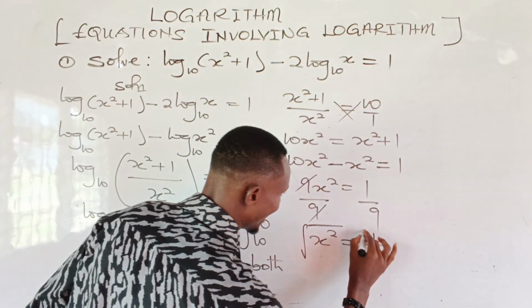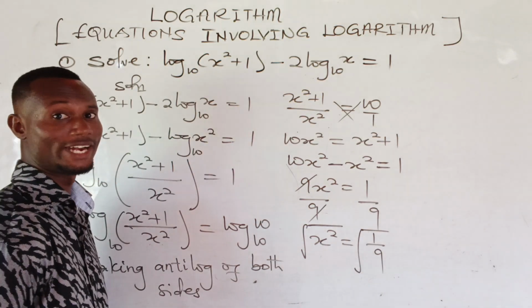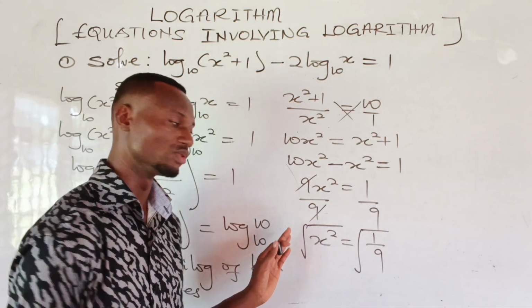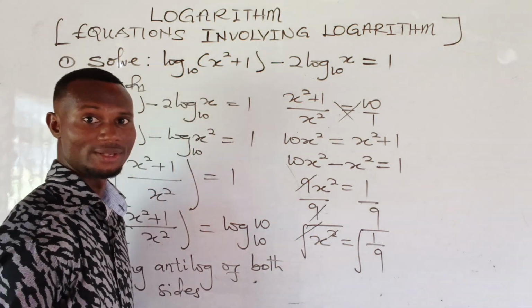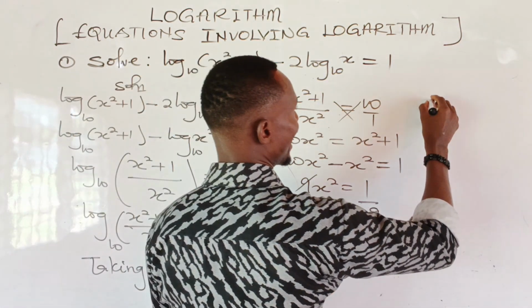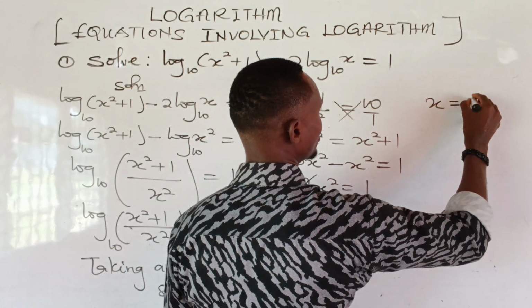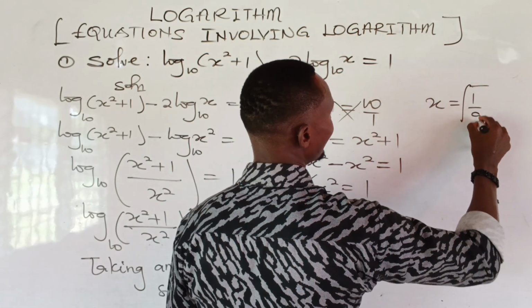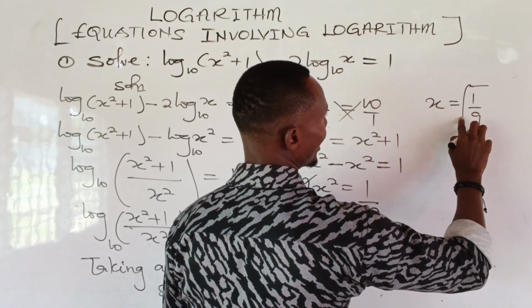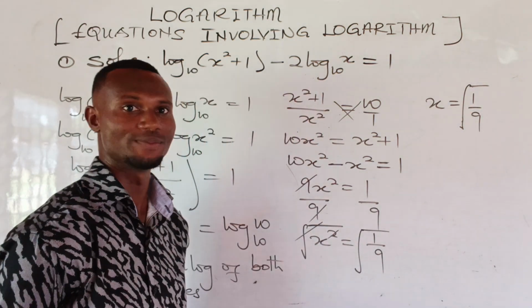Taking square root of this side and also taking the square root of this side will get rid of the power 2, so that this square root sign will cancel the power 2 away. So I'm left with my s equals to the square root of 1 over 9. I hope you understand and you agree with me.